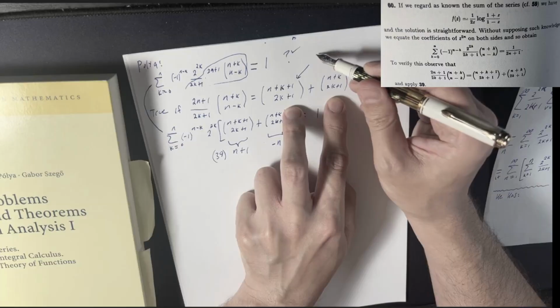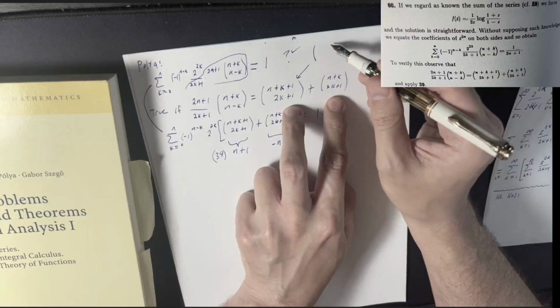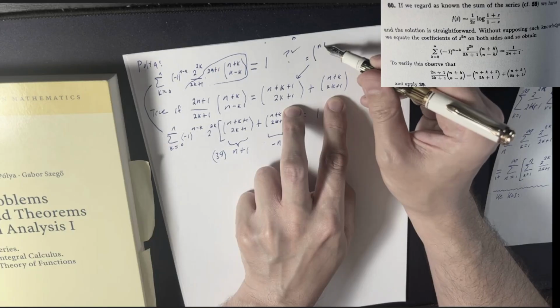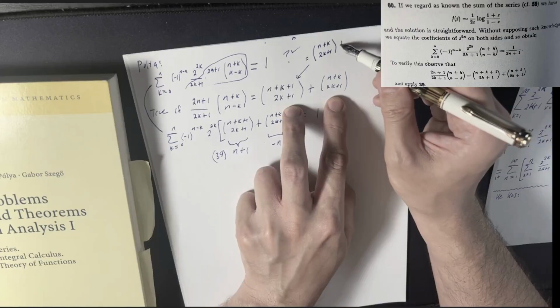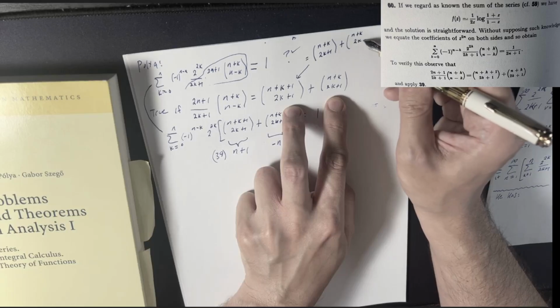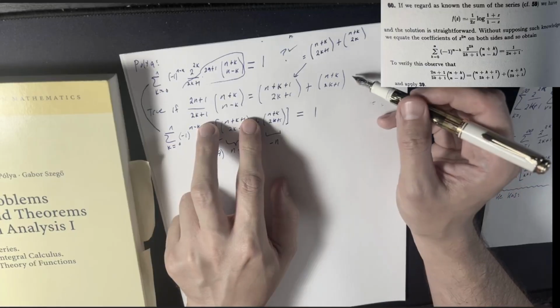I was going to say, can I use this? This alone would be equal to n plus k over 2k plus 1, plus n plus k over 2k. This does not make any sense. I'm forgetting why this is true.